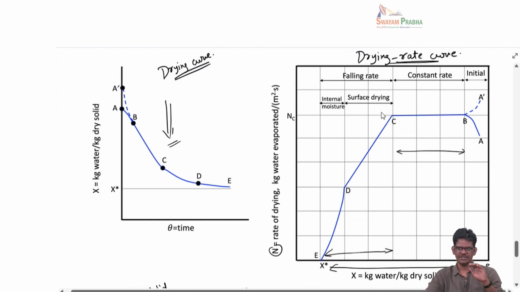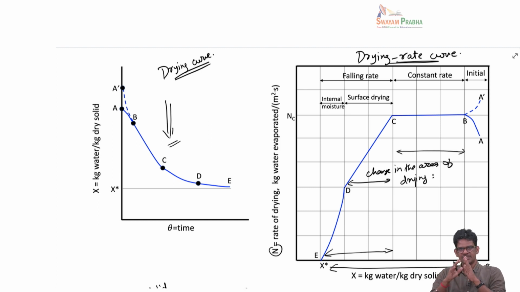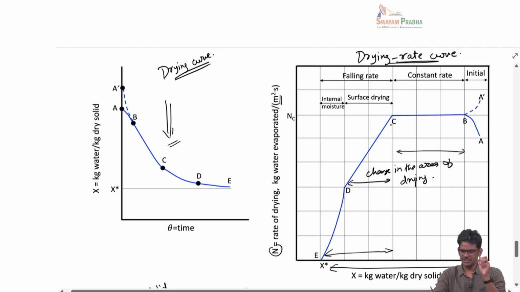Still moisture, unbound moisture, is present on the surface, but this is only because of change in the area of drying. And this is called surface drying, because of these dry spots happening on the surface, and N is defined based on the original wetted area. So, this change that you see here is mainly because of change in the available area for drying.